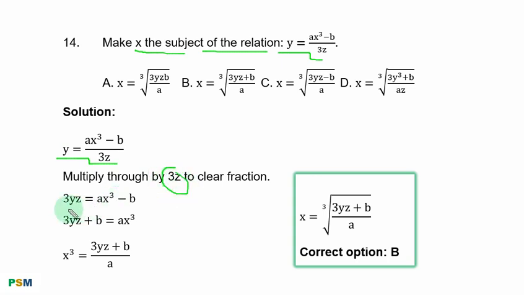You have this result. We are interested in S, so transfer this term to the left. You have this result. To get S cube first, divide both sides by A, and to get S, take the cube root of both sides. The correct option is B.